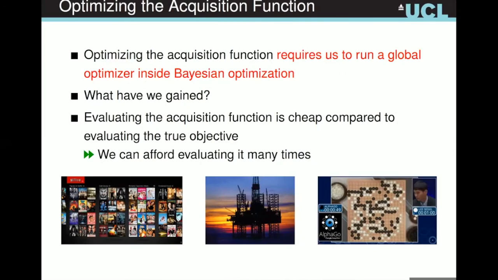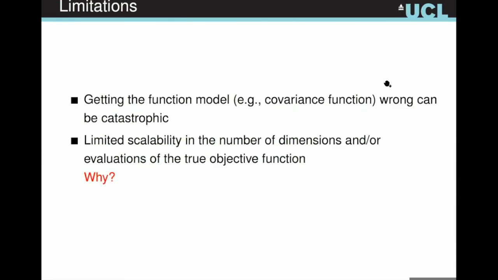Now let's move on to our final part for this lecture. I wanted to talk a little bit about limitations of Bayesian optimization, at least in the sense that we introduced it here today. One of the problems is choosing the right model.